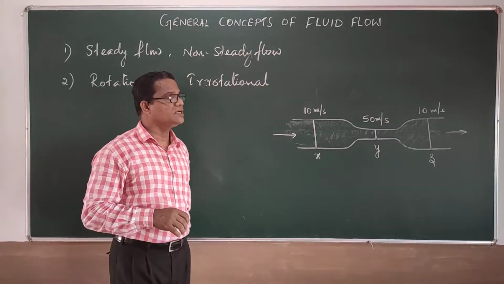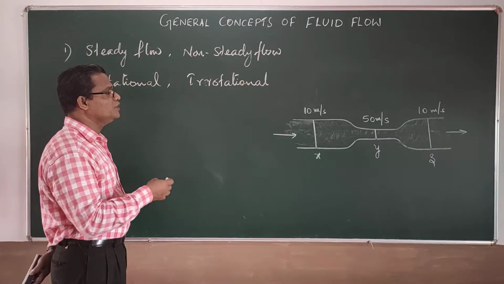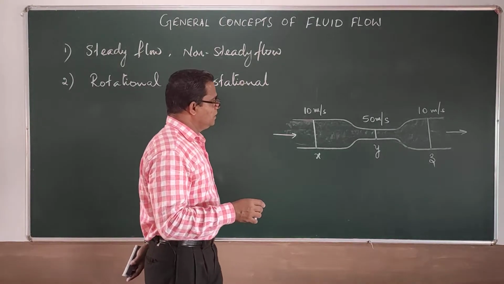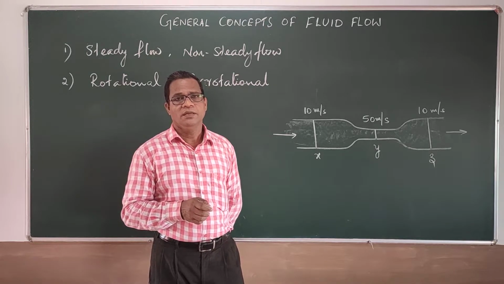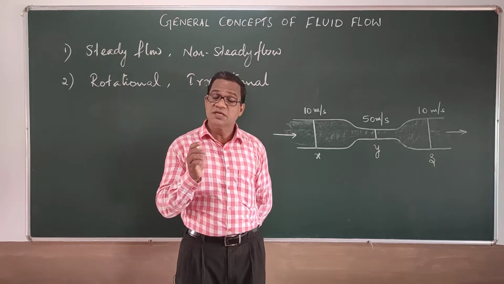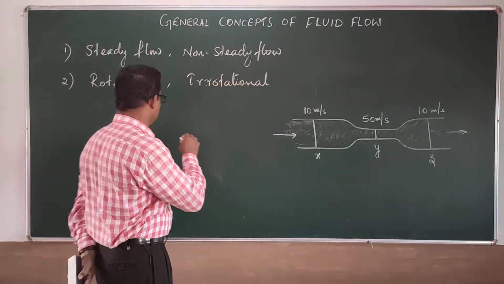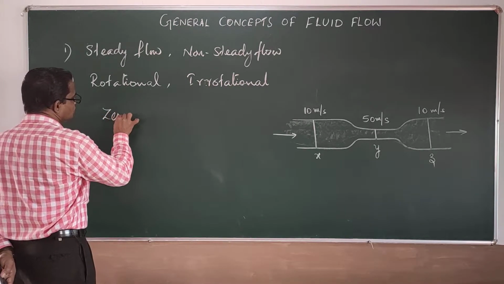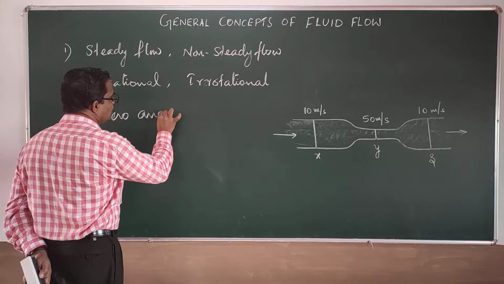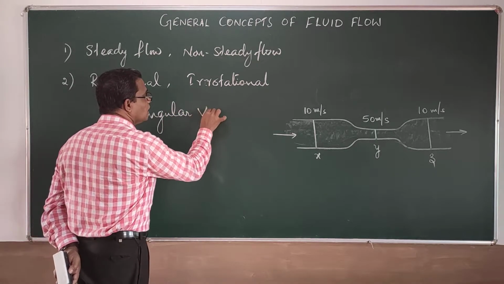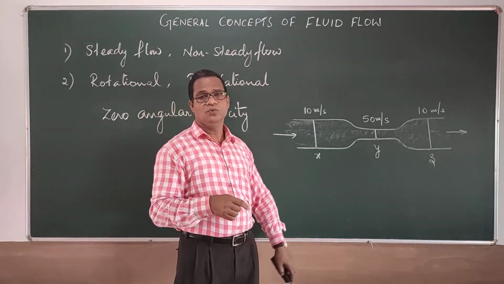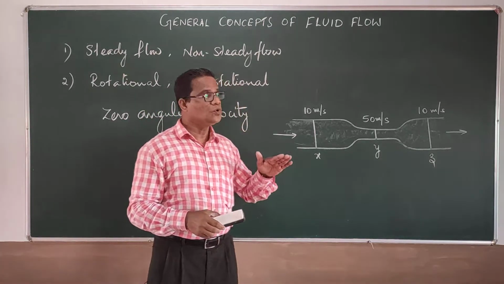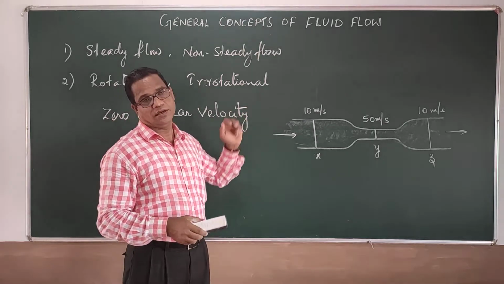Now, when we consider the flow of liquid through a pipe, at any point, if there is zero angular velocity for the flow, then the flow is called irrotational.